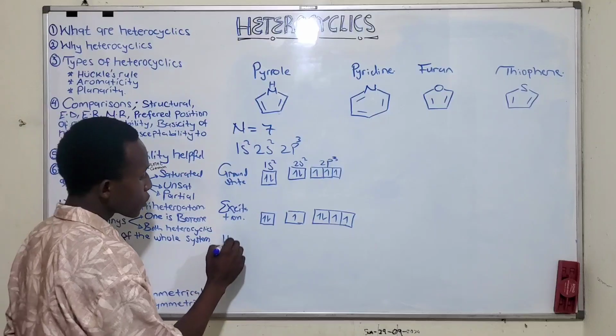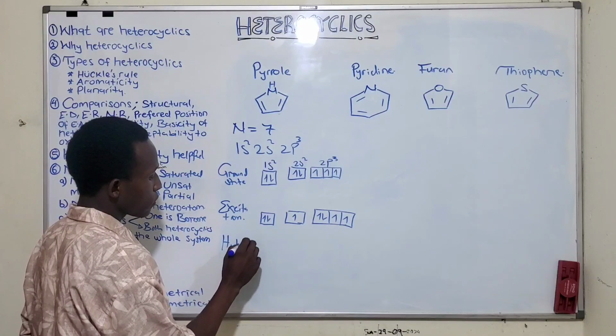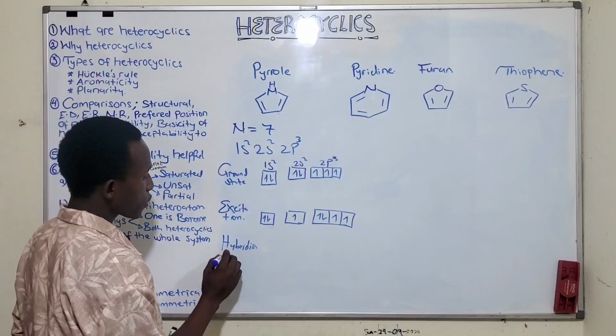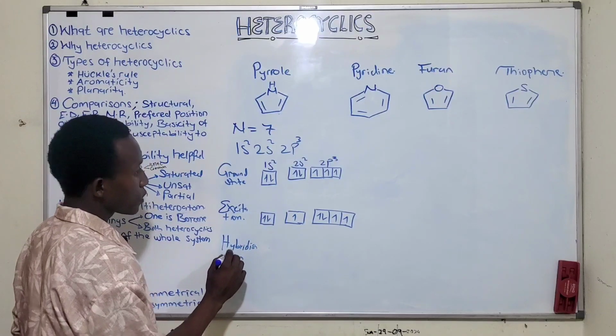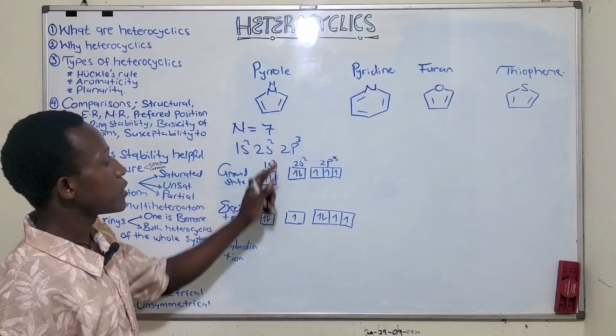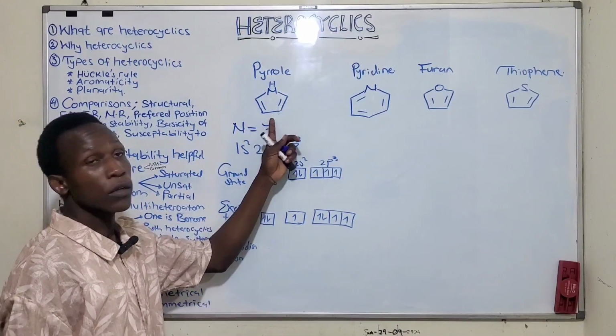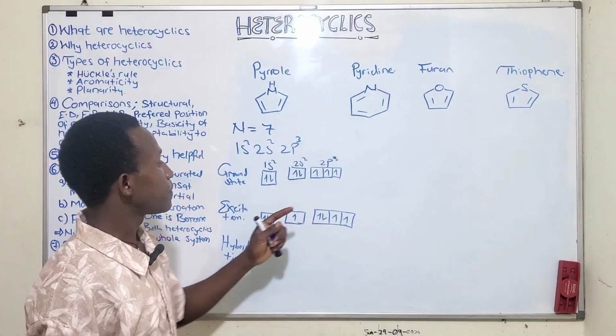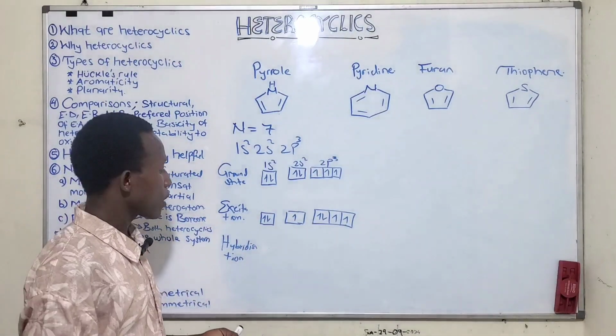So for hybridization, it will depend, because here we have nitrogen hybridizing to react with these carbon atoms, and here we have nitrogen. But how do they differ?